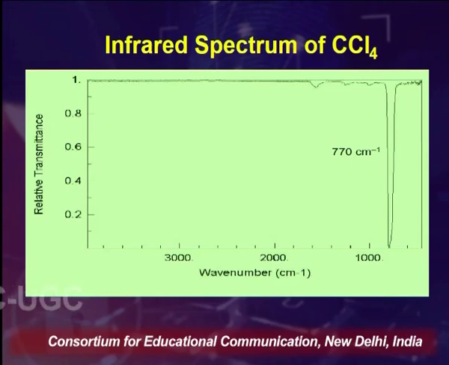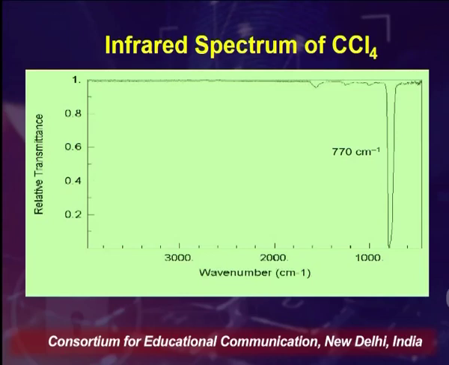As we said, the infrared spectrum is based on transmittance versus wave number. This is just a convention we are using. Now, if we look at the spectrum of CCl4, carbon tetrachloride, we can see one peak at 770 cm⁻¹.